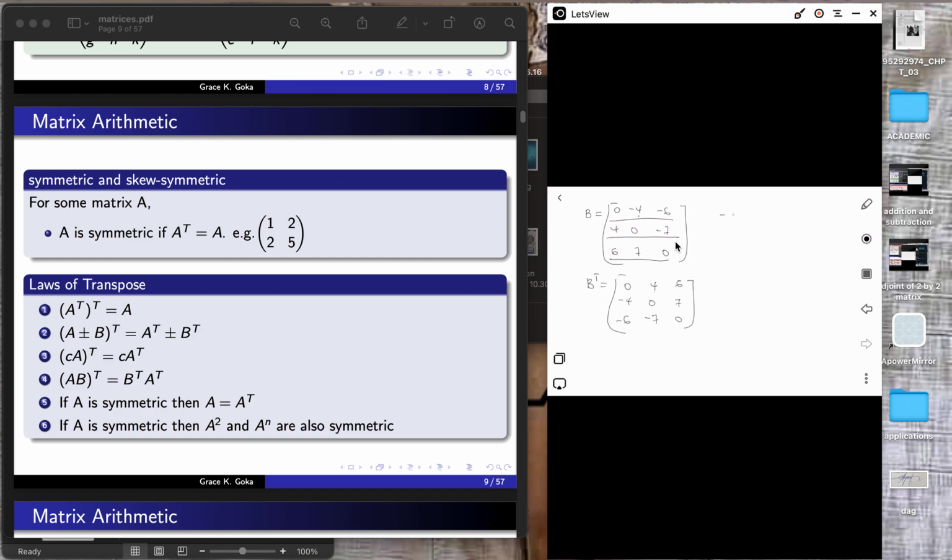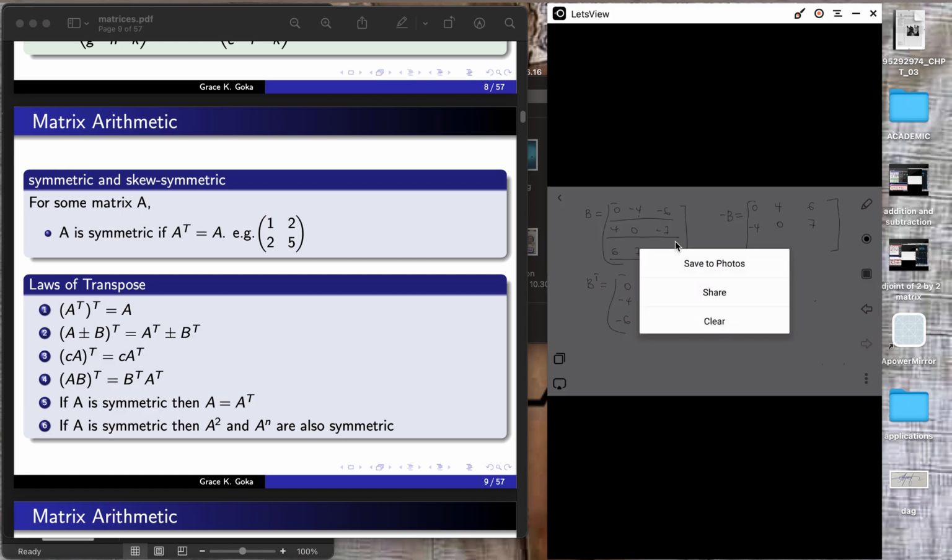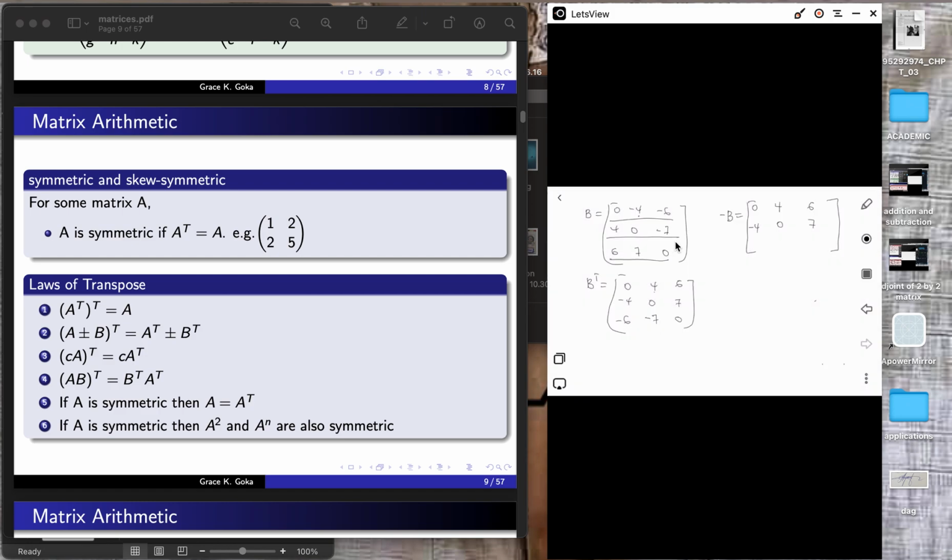But if I find negative of B, which means apply negative 1 on each and every component of matrix B, I'm going to get 0 here, negative 1 or negative 4 will be 4 here, get 6 here, get minus 4, 0, positive 7 here. Then I have minus 6, minus 7, and 0.